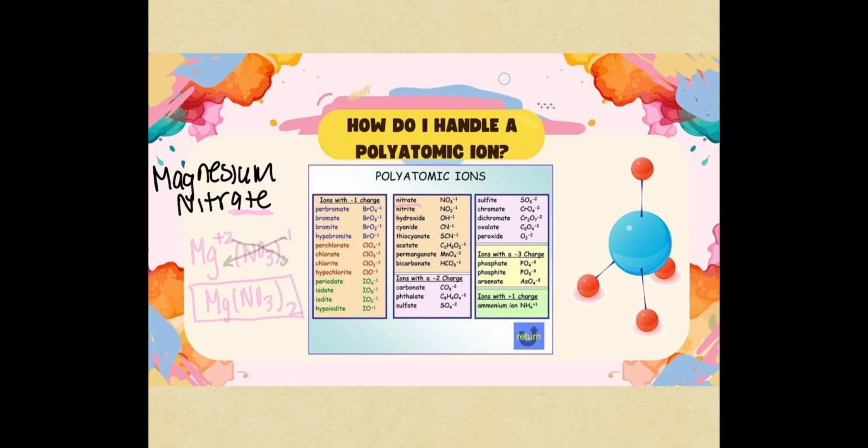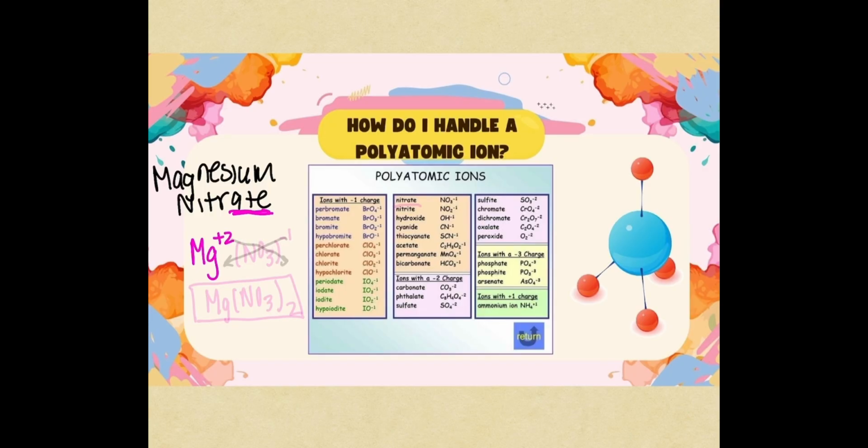Now remember, if I got ATE at the end, that means I have a polyatomic ion. So I'm going to write the symbol for magnesium, which is Mg, and the oxidation number for Mg is positive 2.